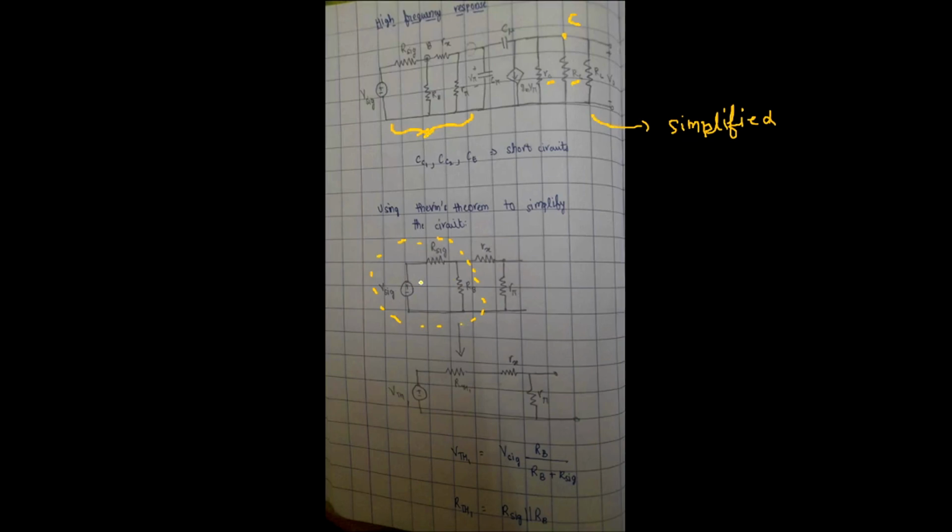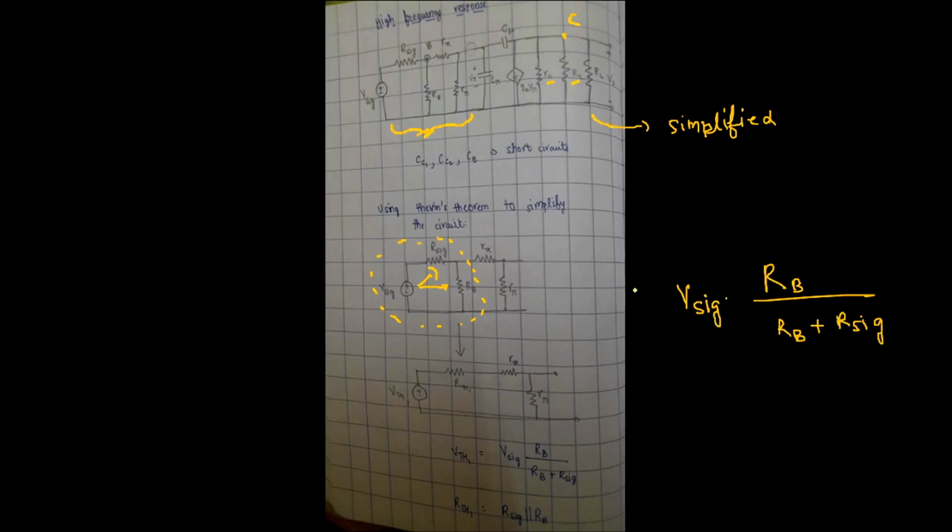what is the potential across it if we open the voltage source. So we look at what resistor is in parallel to the voltage source, which is RB. We have to find the potential difference across RB. That will give us our VTH. Using the voltage divider rule, we know that the potential difference across RB is V signal into RB divided by RB plus R signal.